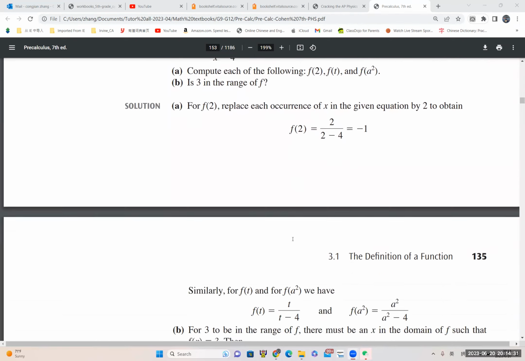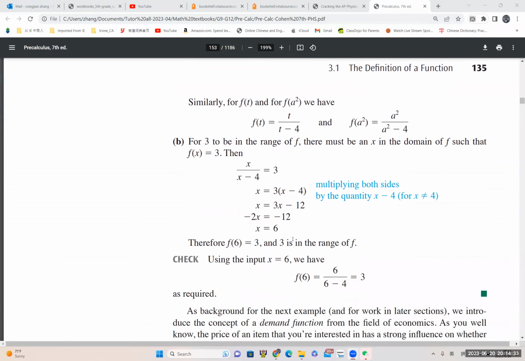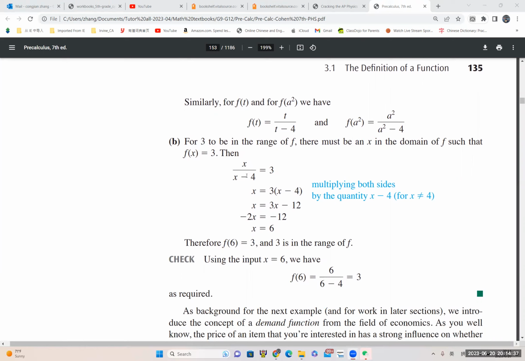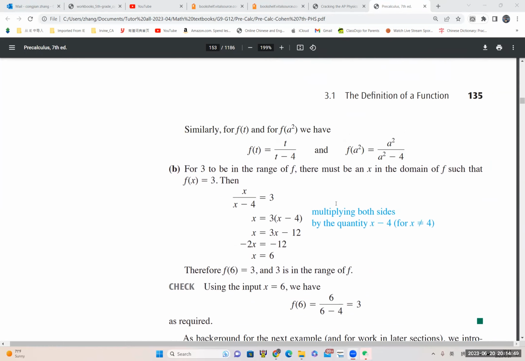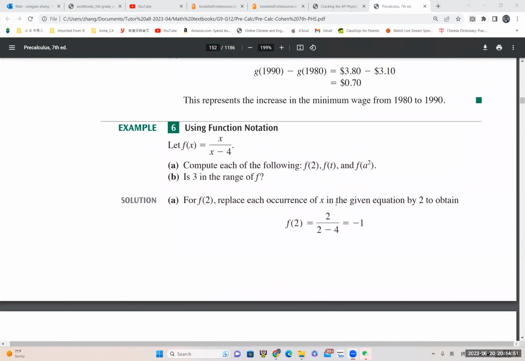Let's see how the example does it. You mean just solve this, right? When x equals 6, yes, it's in the range. It's a different method, but both get the same conclusion.